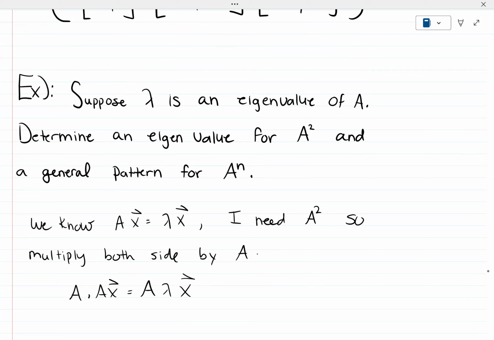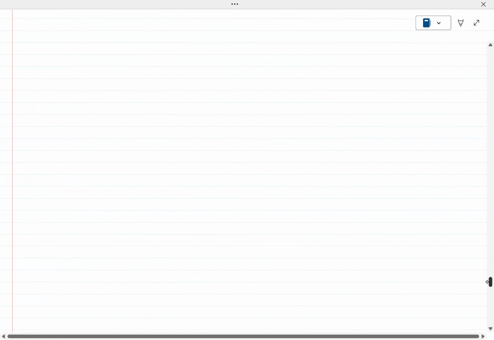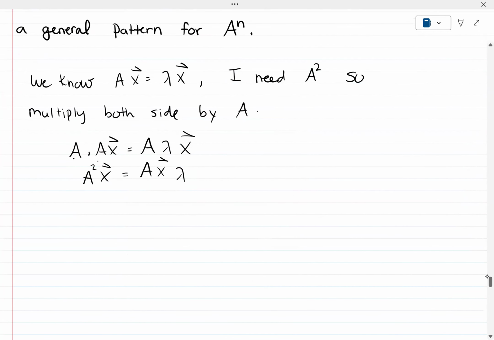And then A times A is A squared, so A squared vector x is equal to A x times lambda.